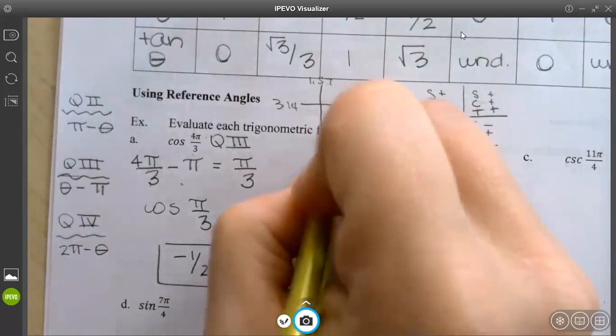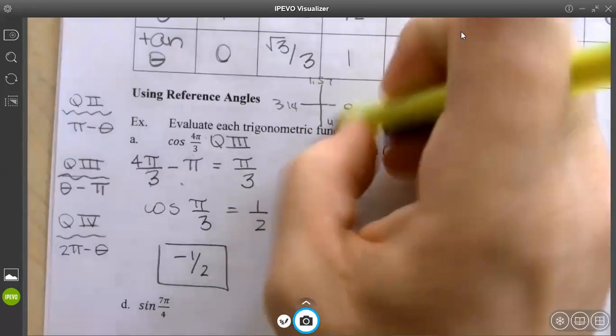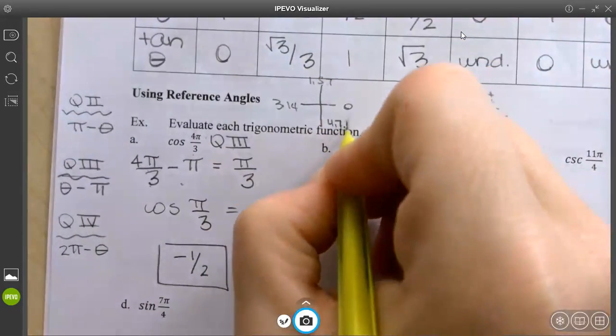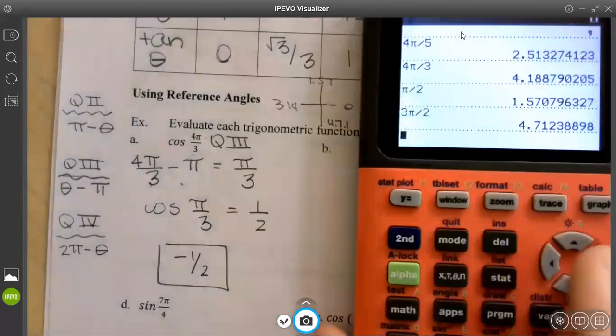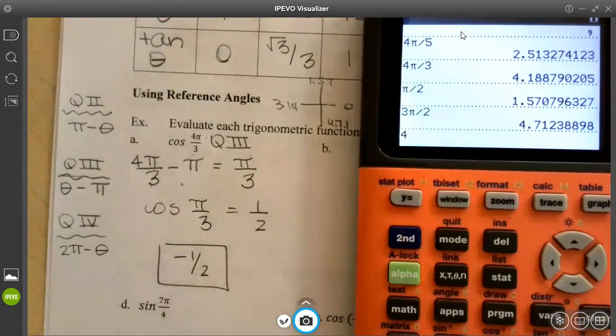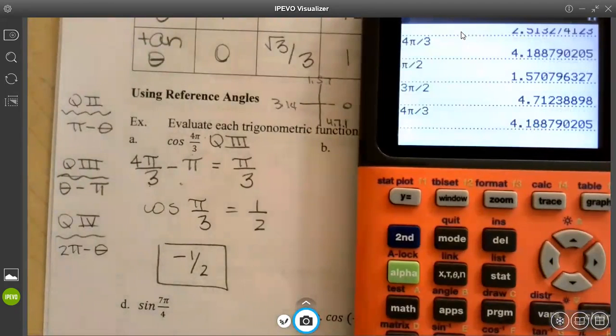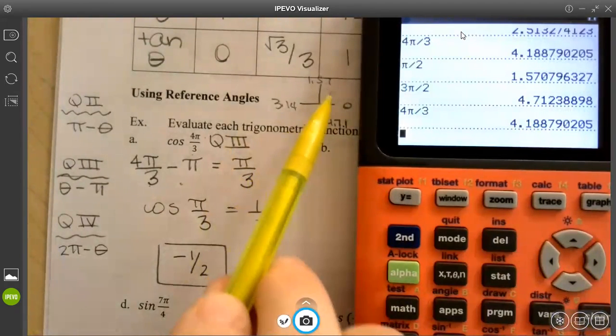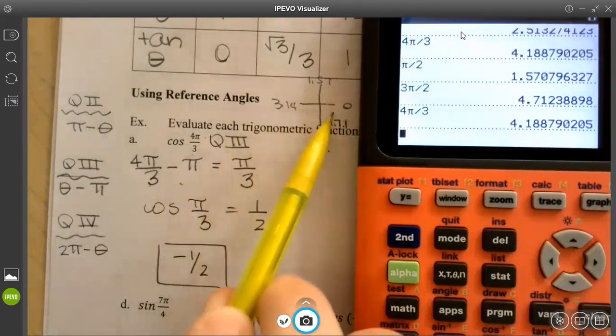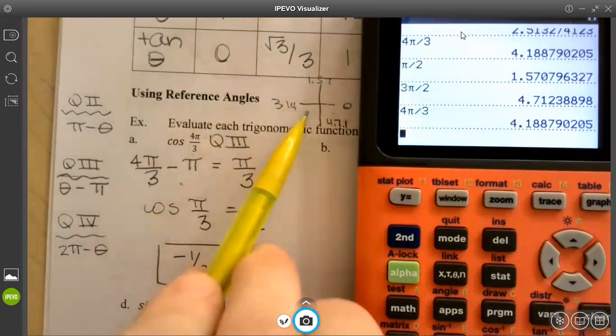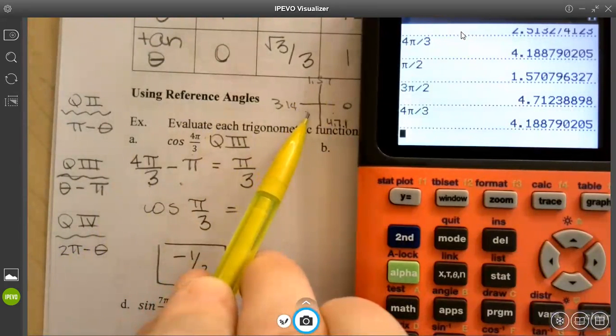So there's your radians. We said that 4 pi over 3 is 4.188. So where does it fall? Quadrant 1, 2, 3, or 4? It has to be in quadrant 3. Is everybody okay with that?